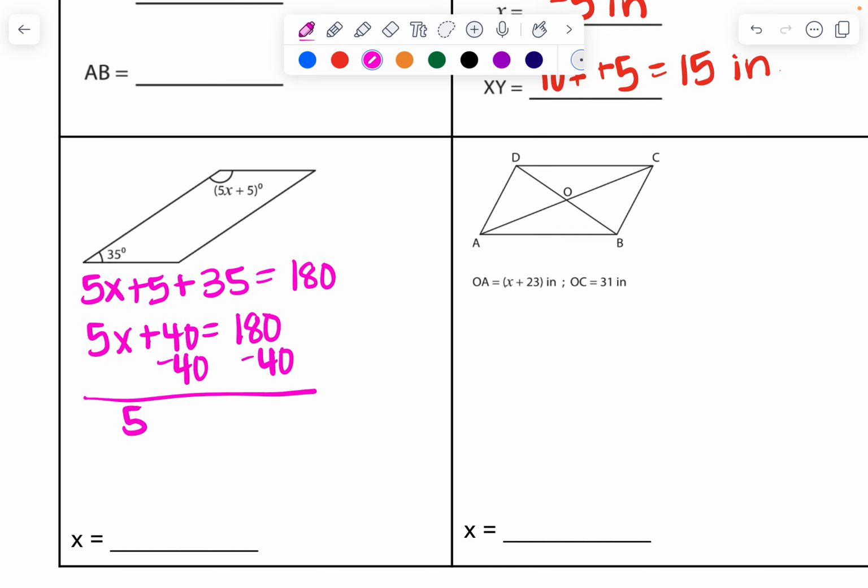Taking 40 from both sides, 5x is 140. And then dividing by 5, we would get that x is 28 degrees.